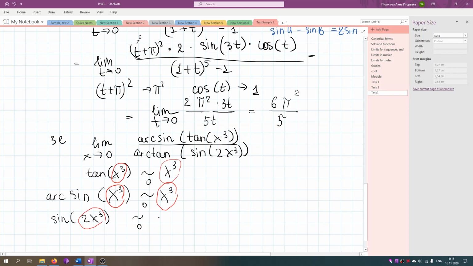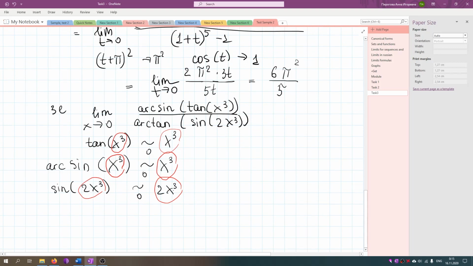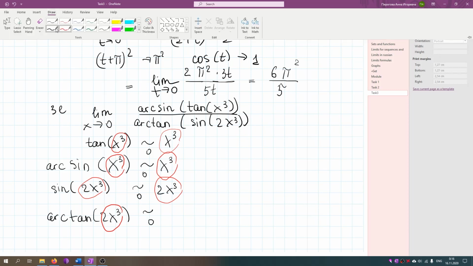So it is 2x in the third power. And let's put 2x in the third power instead of sine, and arc tangent to x the third power, and again the argument is 2x in the third power.